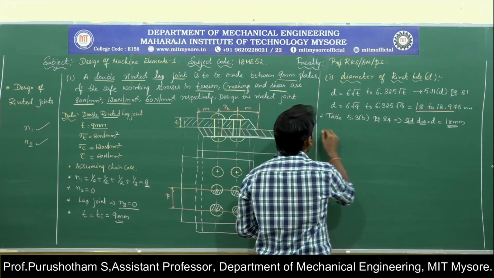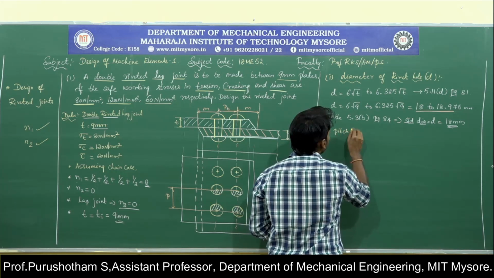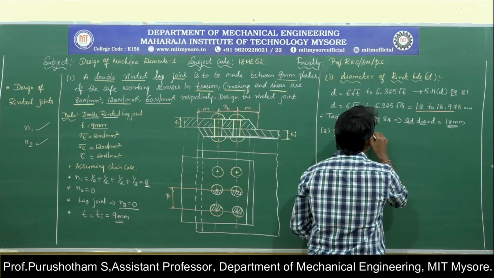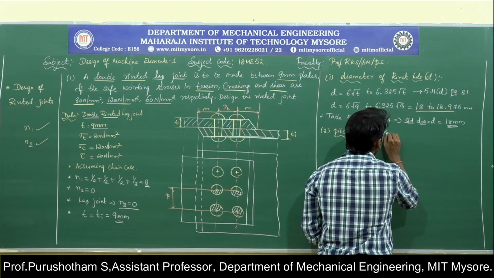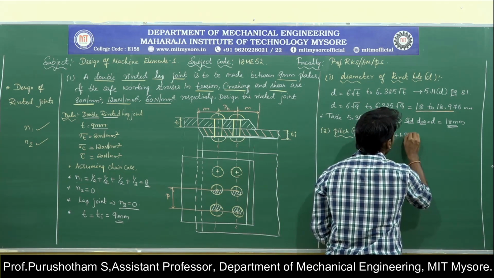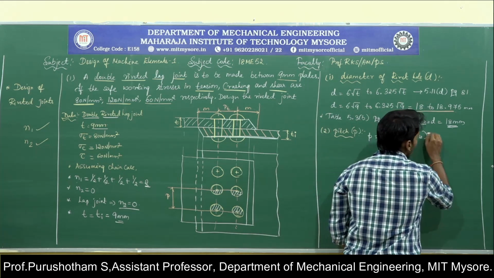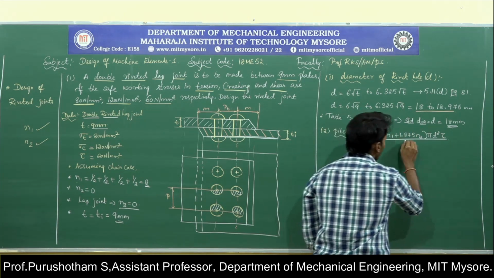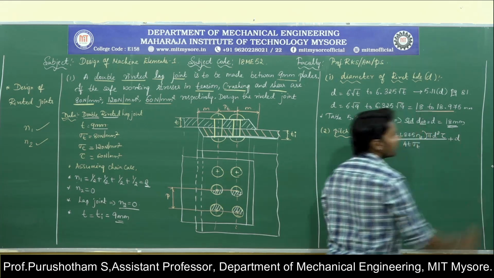Then the second step. In the second step, we are going to calculate the pitch, denoted by small letter p. The generalized pitch equation is given by N1 plus 1.875 N2 times pi d square tau divided by 4t sigma t, plus d.